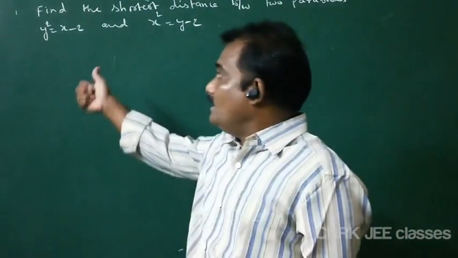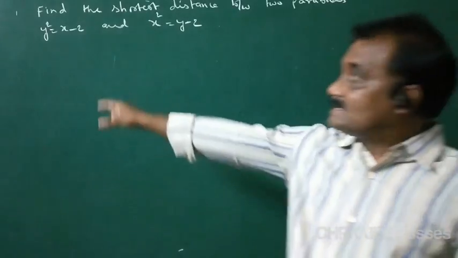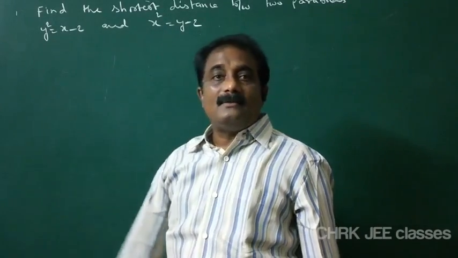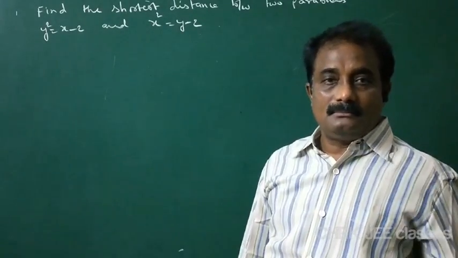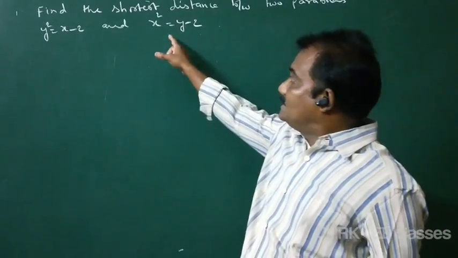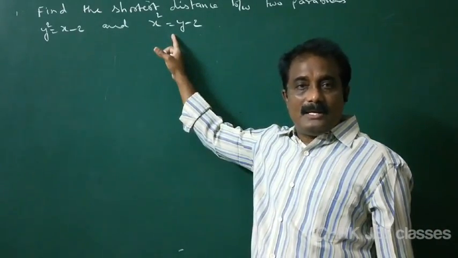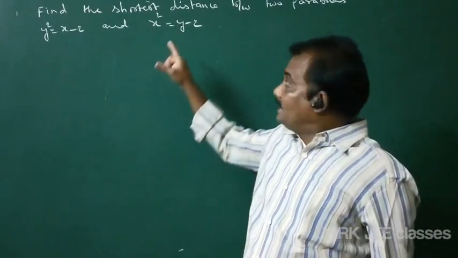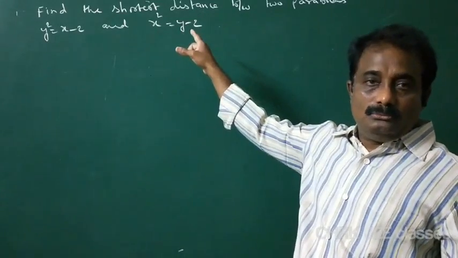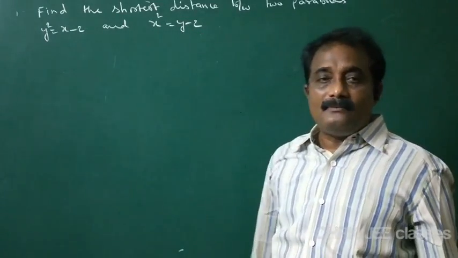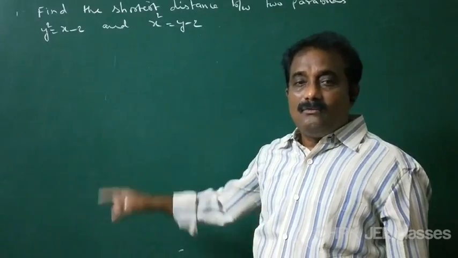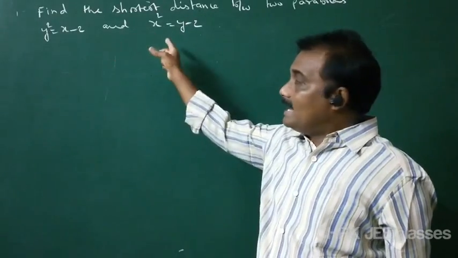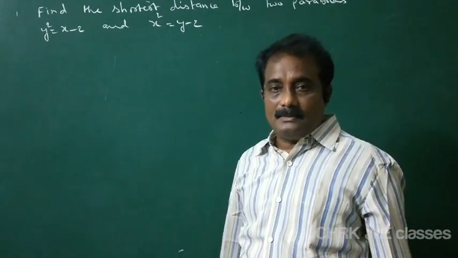For that parabola, the vertex is (2, 0) and the length of the latus rectum is 1. And for the parabola x square equal to y minus 2, the vertex is (0, 2) and the length of the latus rectum is 1. Both have the same length of the latus rectum.